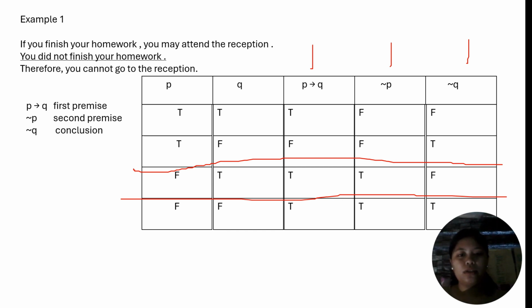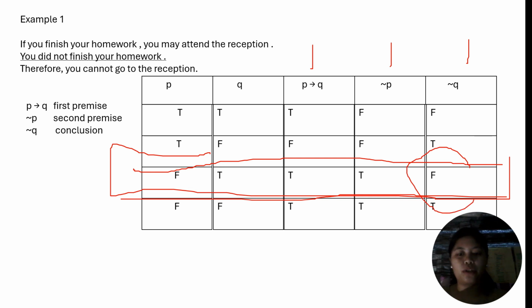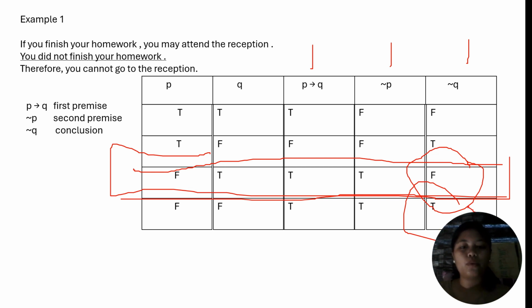Because the conclusion in row 3 is false. Even though the conclusion of row 4 is true, it is still invalid. That means the example we have of truth values is an invalid argument. So, thank you and God bless.